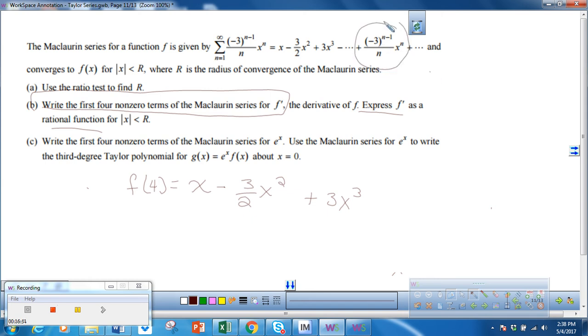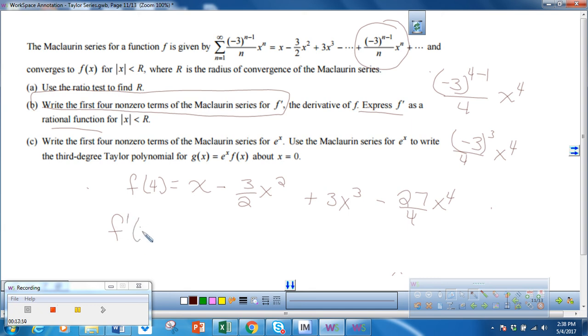So to find the 4th term, we do (-3)^(4-1) over 4, x to the 4th, which is going to give us (-3)^3 over 4, x to the 4th. So my 4th term is -27 over 4, x to the 4th. That's my 4th term.